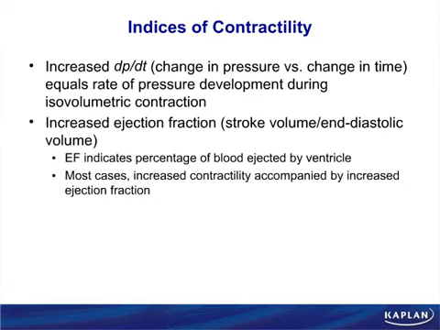Now, technically, it is not a pure marker of contractility because it is influenced by afterload. But nonetheless, clinically, USMLE Step 1, ejection fraction is your clinical marker of contractility.